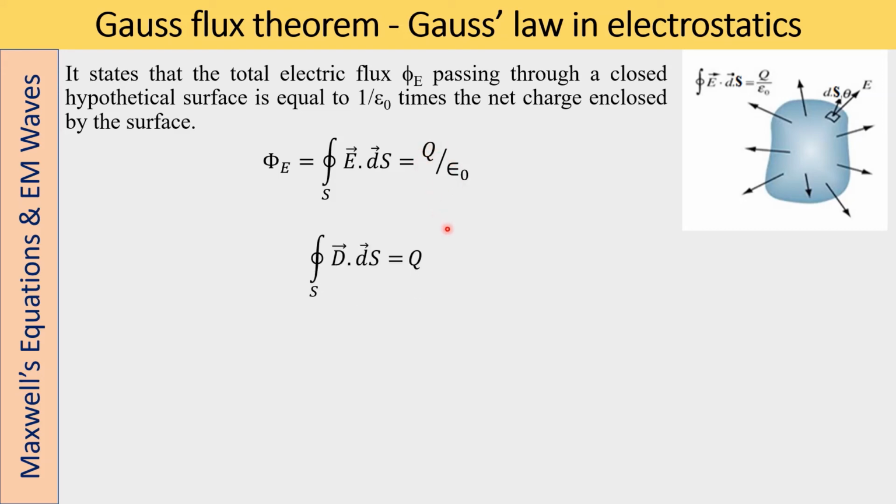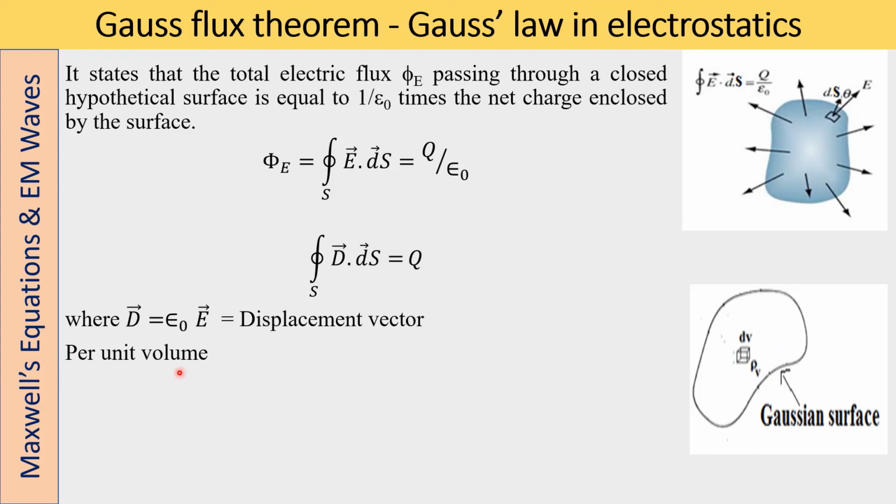But we know that D is equal to epsilon naught into E. So you bring this epsilon naught to this side, and this becomes D. Therefore the surface integral D dot ds is equal to the total charge Q. Here D is equal to epsilon naught E, which is called the displacement vector per unit volume, or the flux density.